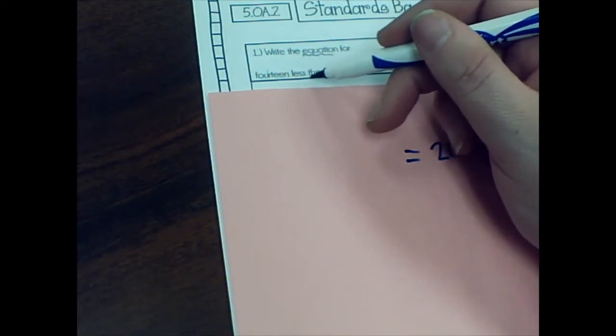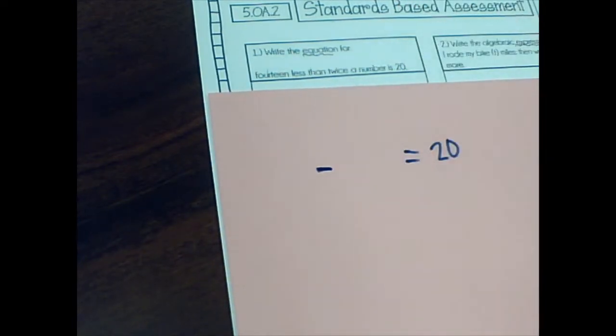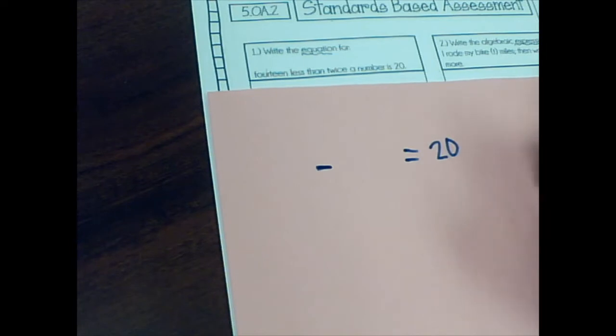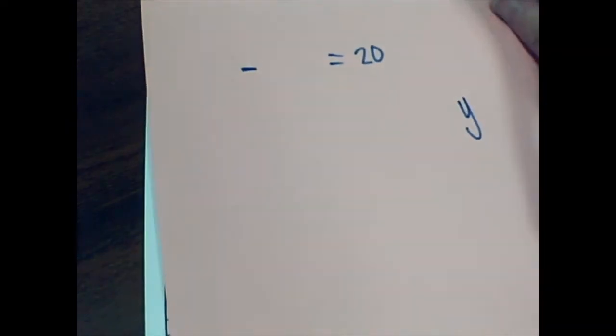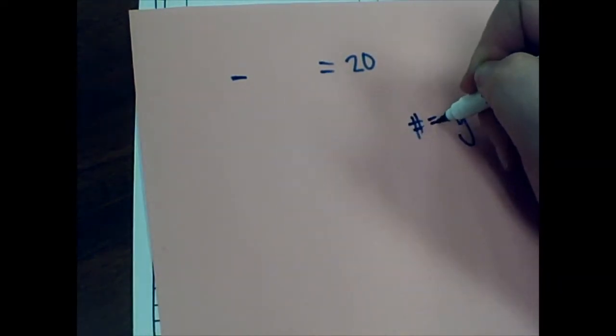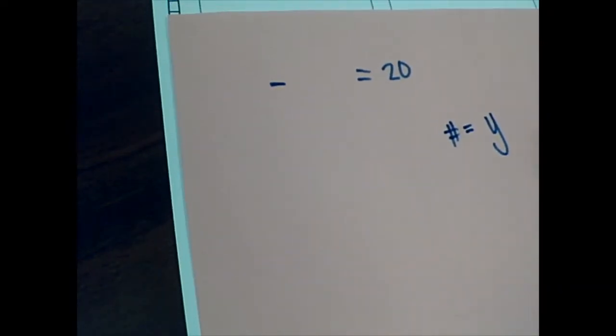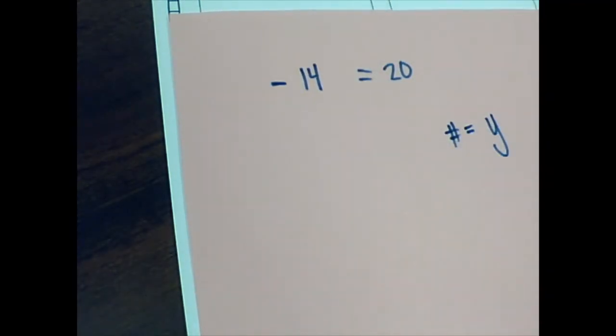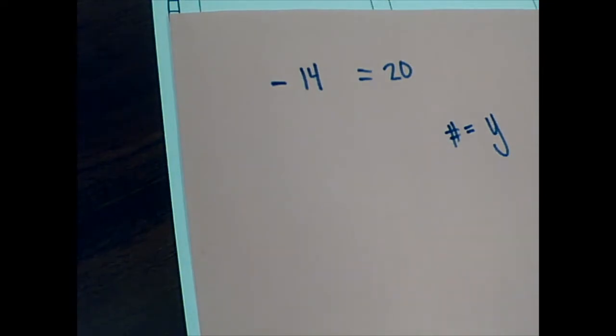Less than. Less than tells me it's going to be subtraction, right? Yeah. Twice a number. Well, it didn't give us a number. So if it ever just says a number, we're just going to go ahead and pretend that the number equals y. Okay? So our number is going to equal y. So 14 less than twice a number. Twice a number, I think that means that the number would be multiplied by 2.